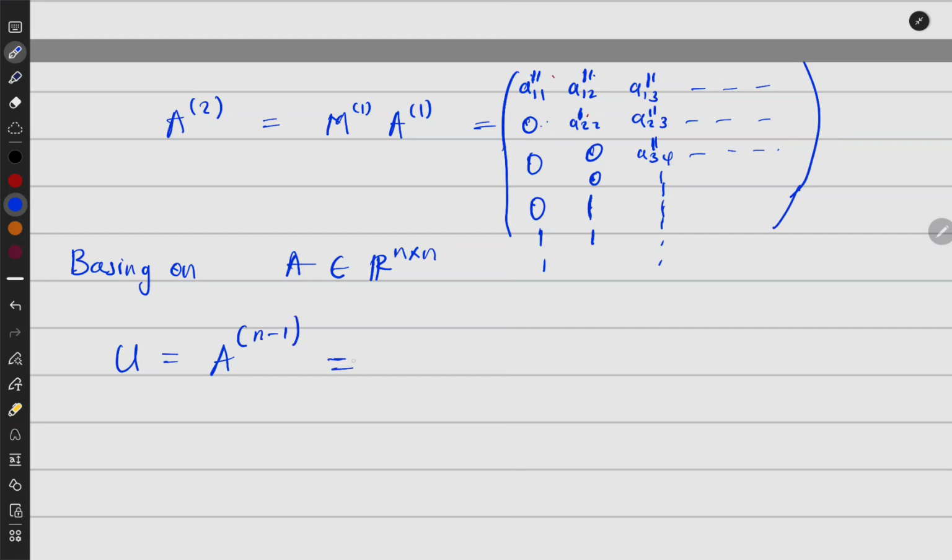And if you're keen, this A n minus 1 is attained by, you get the A, then you multiply M naught. If it refuses, you multiply M1.